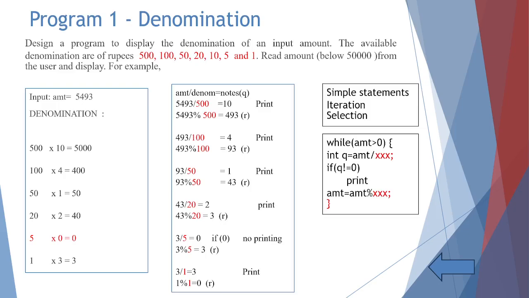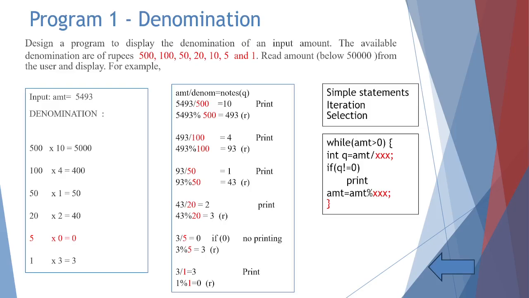That part we need to think. But in the while loop, first of all, calculate the quotient, and if the quotient is not equal to 0, print, and then amount is equal to amount modulo that 500 or 100 or 50.